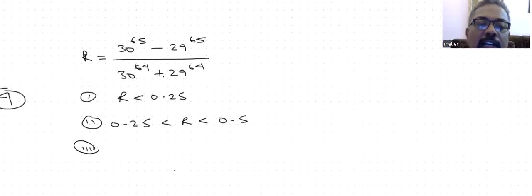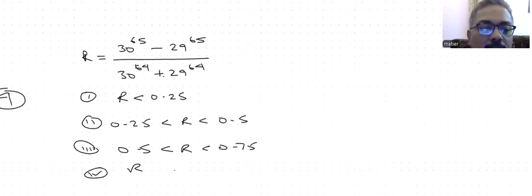Third option, R is in between 0.5 and 0.75. Fourth option, R is in between 0.75 and 1. And the last option was R is greater than 1.